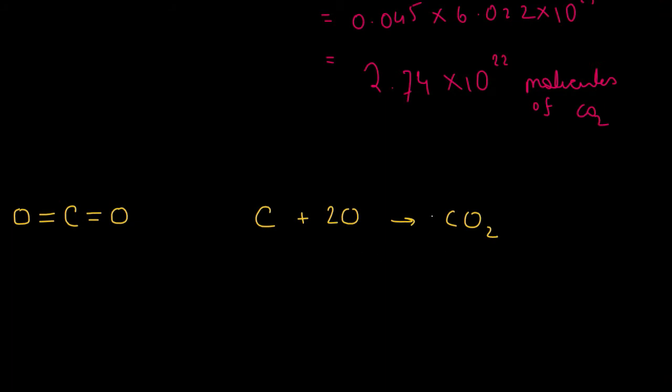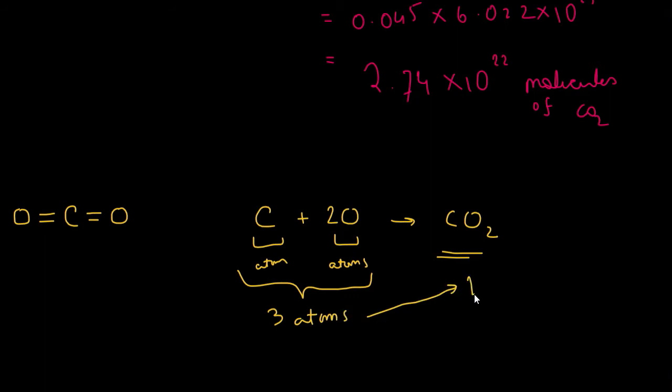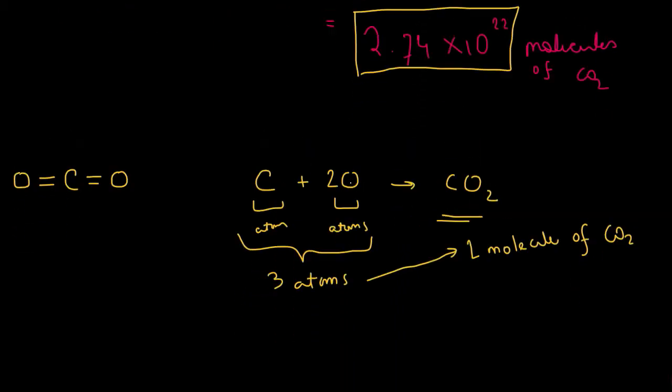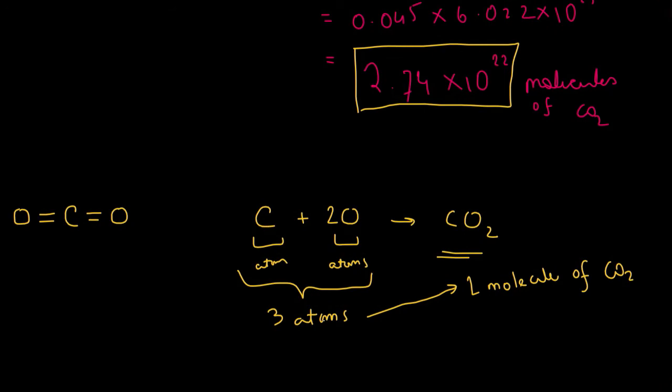So for one CO2 molecule, I have 2 atoms of oxygen and 1 atom of carbon. In total, I need 3 atoms to make 1 molecule of CO2. This is the number of molecules of CO2 you have in 2 grams of CO2. So to find out the total number of atoms, we need to multiply this with 3.